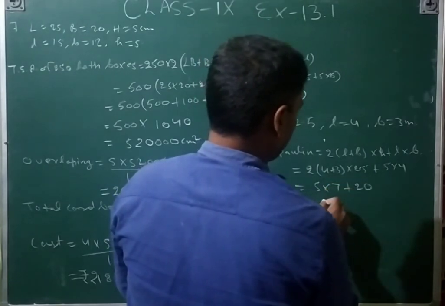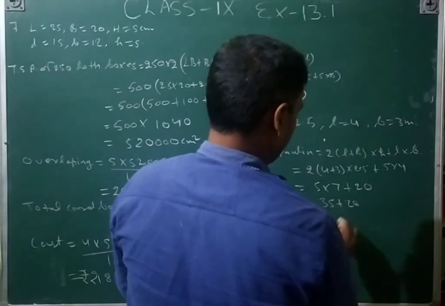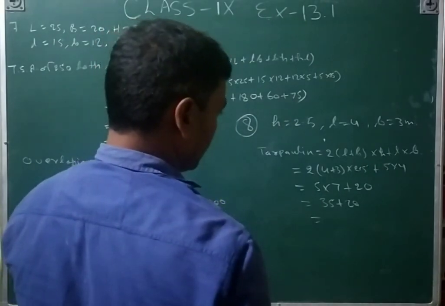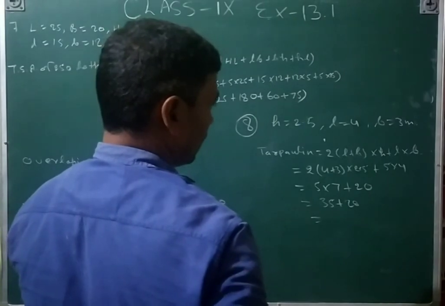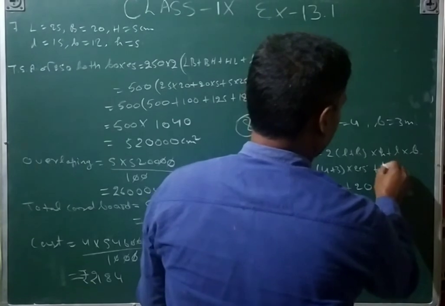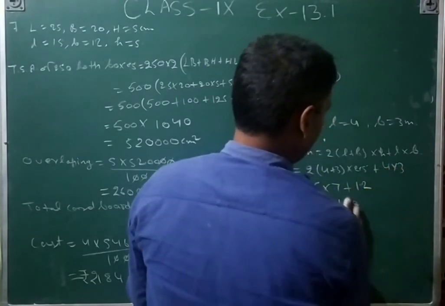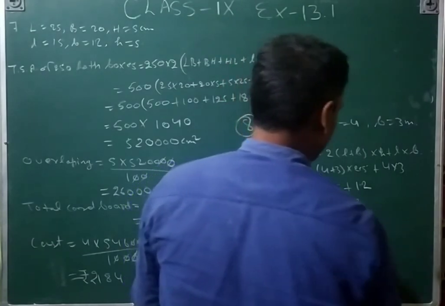That will be 7 5 ja 35 plus 20. No, sorry, that will not be 5. This is 4 3. 4 into 3, 4 3 ja 12 will be there. 12. So that 47 meter square answer. Okay.